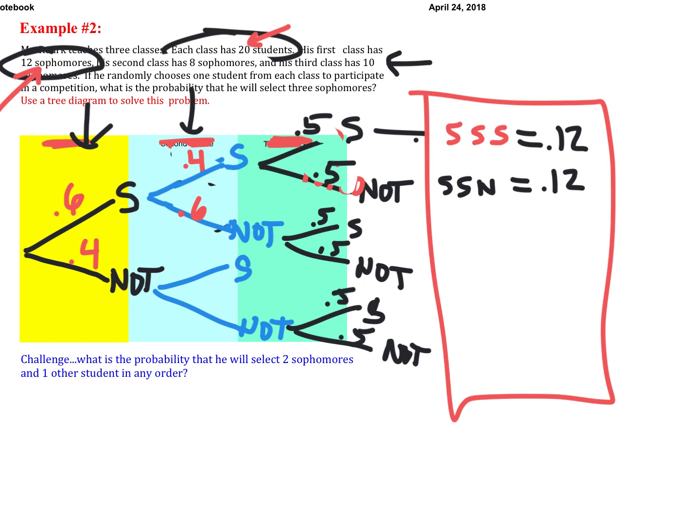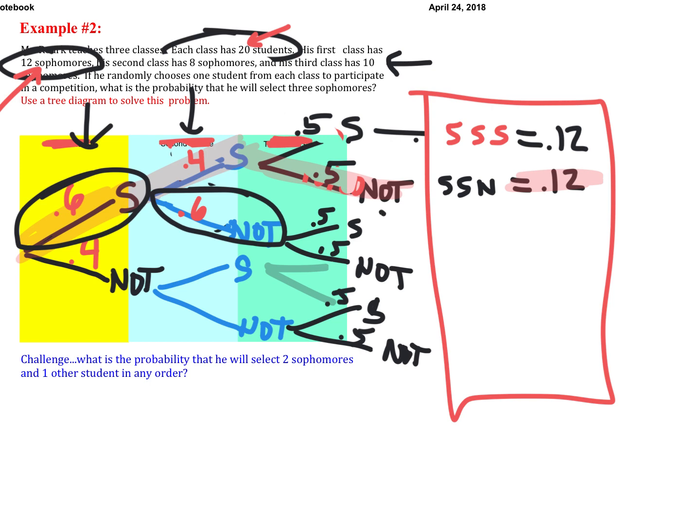Do you get I could get 2 sophomores in more than one way? Let me show you what I mean. I could get a sophomore by starting off by getting a sophomore, and then getting a sophomore here, and then not getting a sophomore. And that's this one. That's one of the ways you could get 2 sophomores. But another way you could get 2 sophomores would be to go, I got 1 sophomore, and then I did not get a sophomore, and then I did get a sophomore.